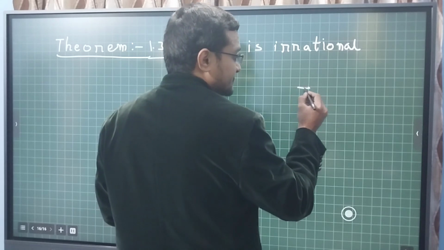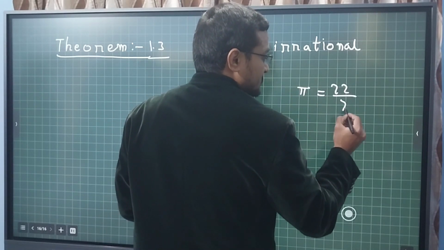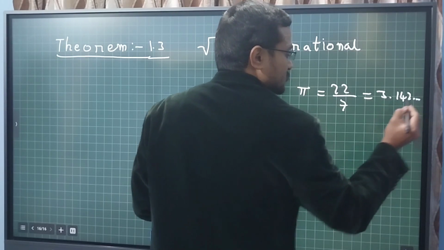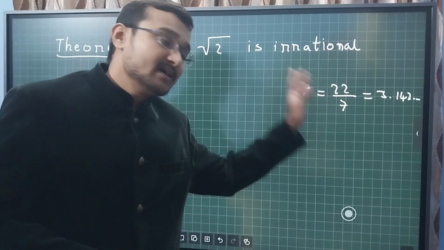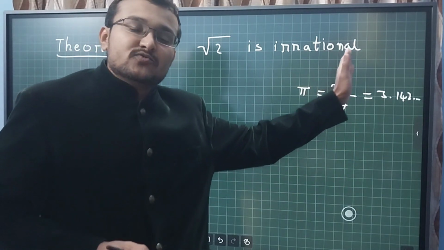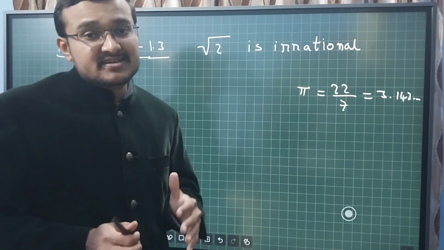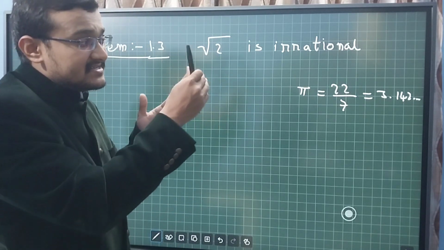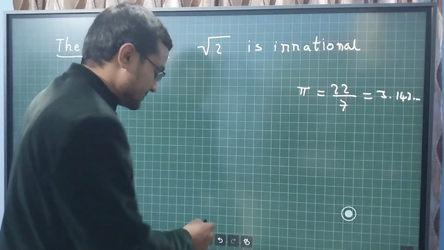For example, if I consider pi, which is nothing but 22 by 7, the answer is 3.142, and it goes on like this. There are no recurring numbers after the decimal point, and it is never ending. So that's why pi is an irrational number.